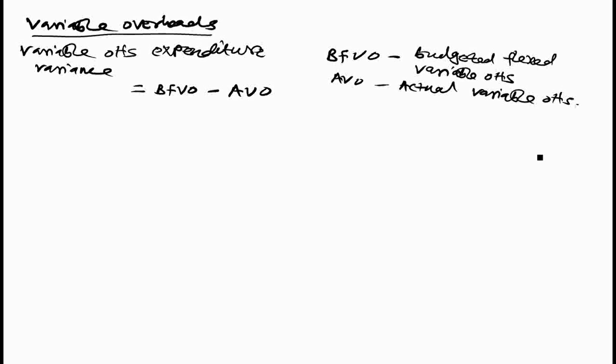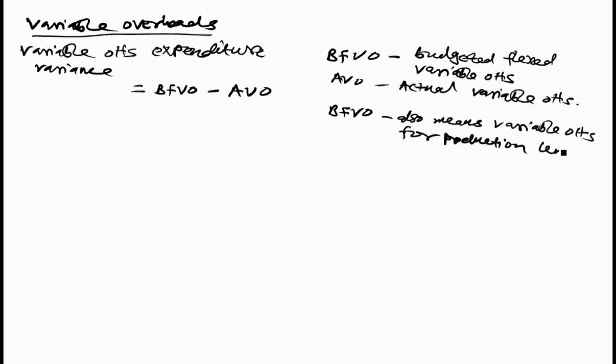Now, budgeted flexed variable overheads generally means variable overheads for production level achieved. That is what it also means.